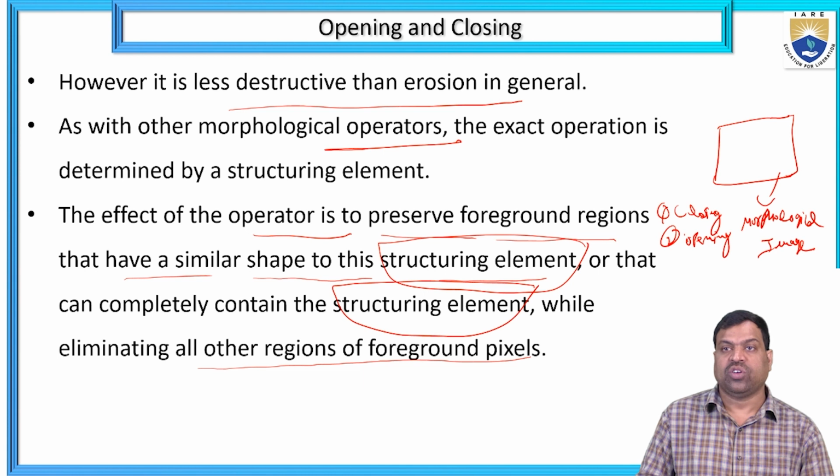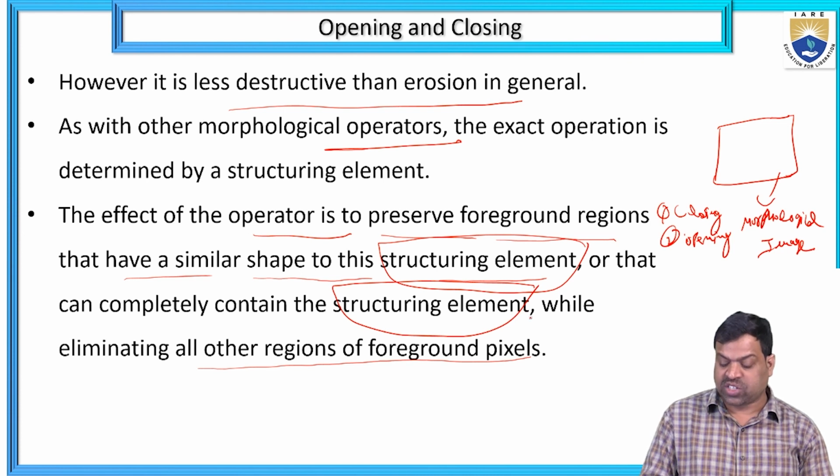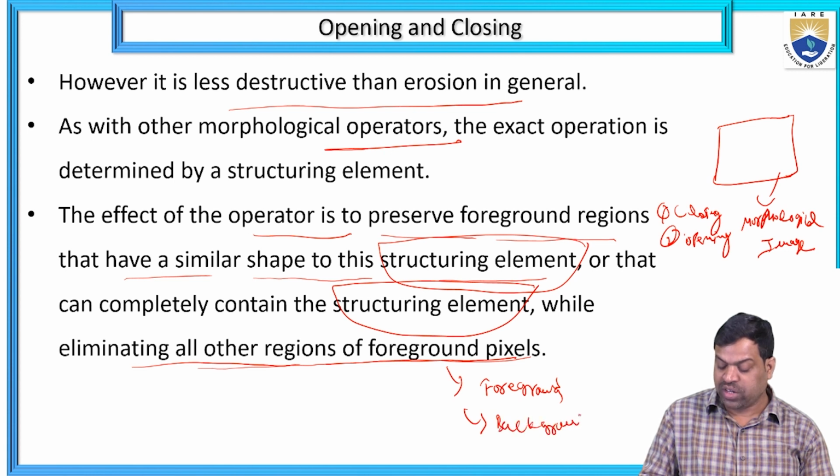As with the other morphological operators, the exact operation is determined by the structuring element. The effect of the operator is to preserve foreground regions that have a similar shape to the structuring element, while eliminating all the other regions of foreground. Okay, foreground or background, which one are you applying?